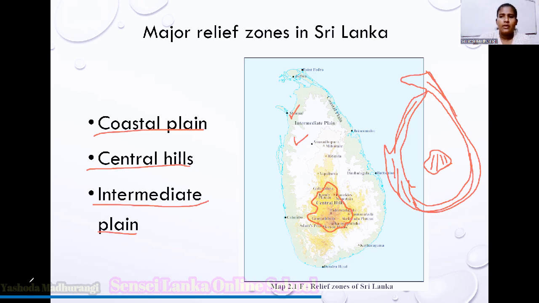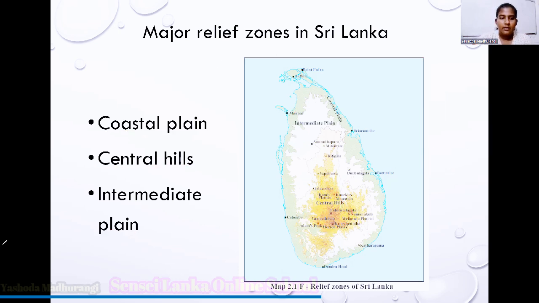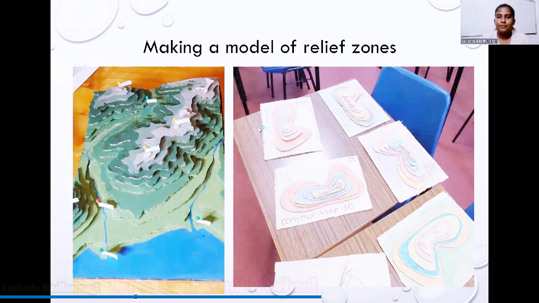Then how can we say this is the coastal plain, this is central hills? How can we separate them? There are measurements. How to understand this is coastal plain, this is central hills and this is intermediate, because of the height. So look at this.